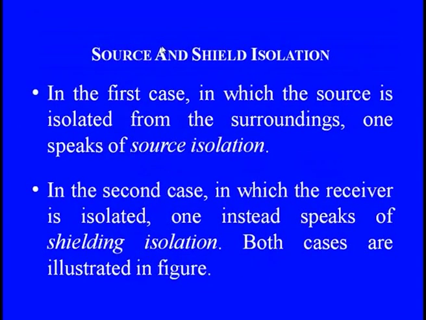In the first case, the source is isolated from the surroundings, so this is source isolation because we are providing elastic mountings between the source and the structure. Second, since the receiver is at some end, we need to isolate the receiver as well, and this is the shielding isolation. Both cases are equally important according to the type of application and the type of arrangement of the system.